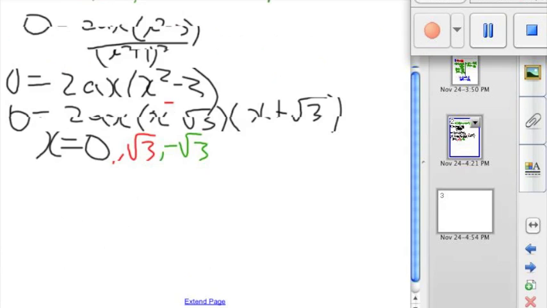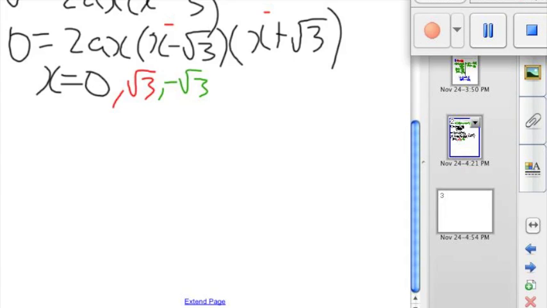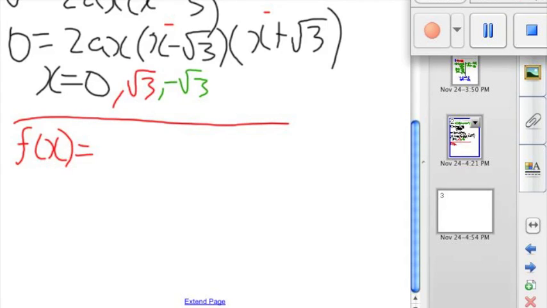So we go further from there and put it into the original equation, which was ax over x squared plus 1. So f of x equals ax over x squared plus 1. Now we individually put in 0, root 3, and negative root 3 to find the answers to the question.